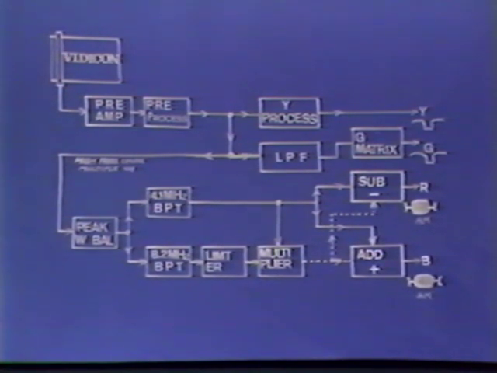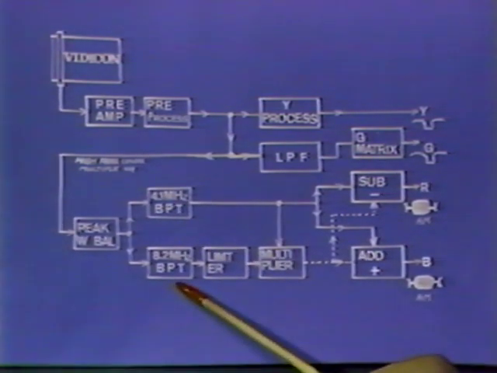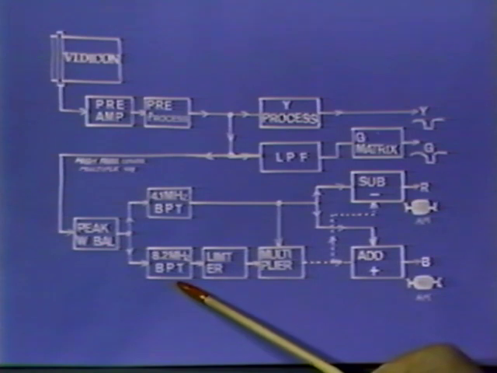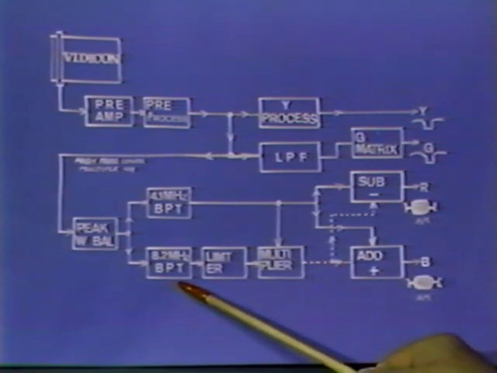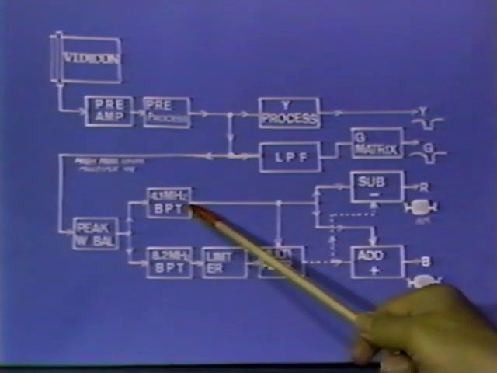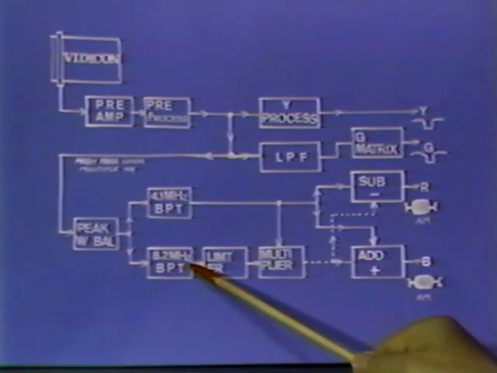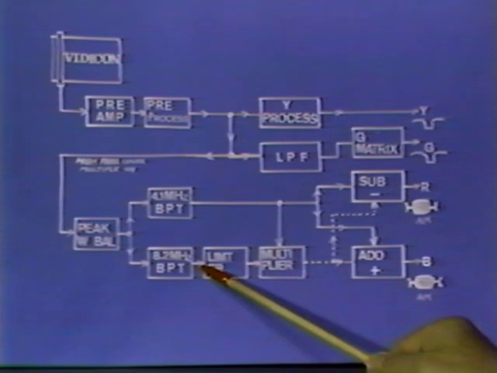The 4.1 MHz and 8.2 MHz BPTs, bandpass transformers, take the color carrier waves. That is, the 4.1 MHz fundamental and the 8.2 MHz second higher harmonic out of the color multiplex signal.